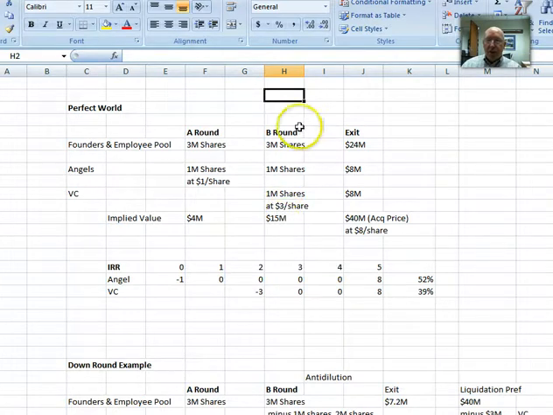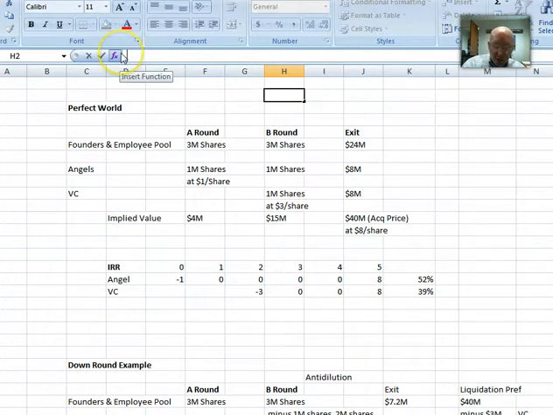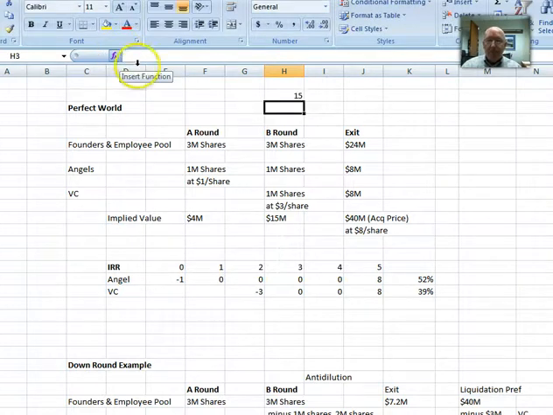At $3 a share, again, I can work that same value. So now if I know that there's 5 million shares available, the latest price is $3 a share, that would add up to $15 million. Again, I can work it using my formula: the VCs invested $3 million, and in return, they now own 20% of the company, or 1 million shares of the 5 million shares, so 0.20, $15 million.